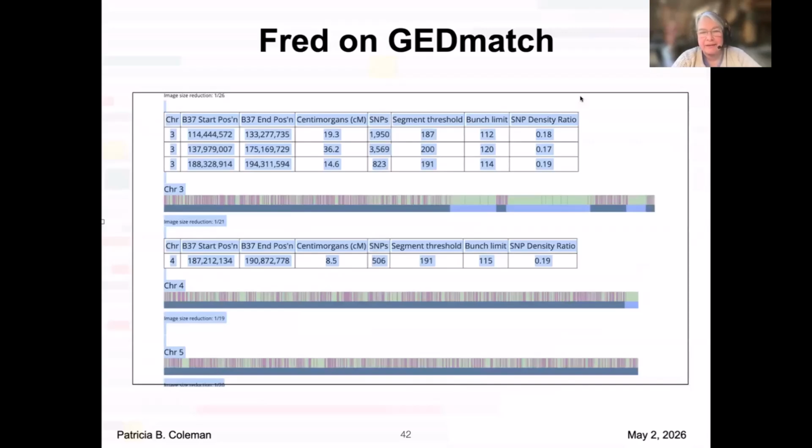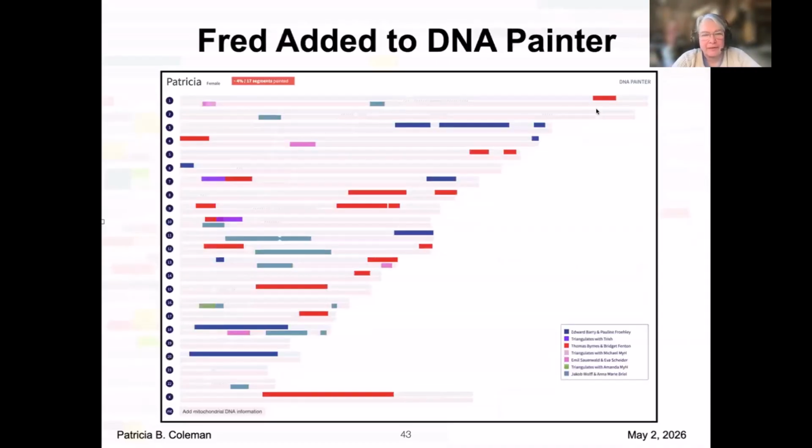And I can select all of it, the images as well as the numbers, and DNA Painter's going to take care of that. I don't have to go in and select certain things or set it up a certain way. So now the dark blue is the segments Fred and I share. And we're going to look at a shared match with Fred that's pretty interesting.